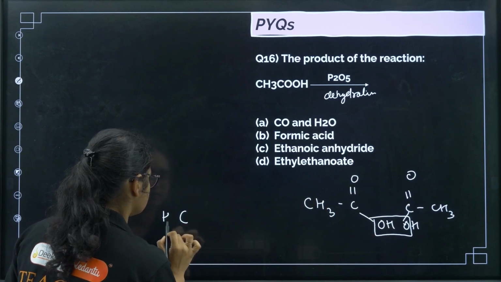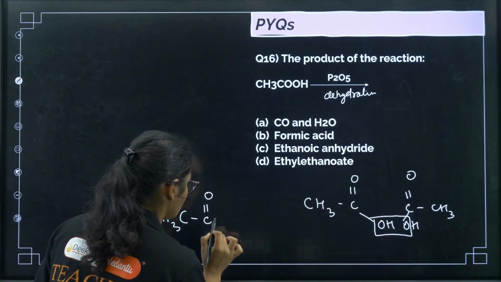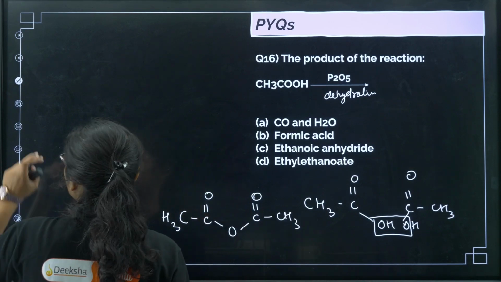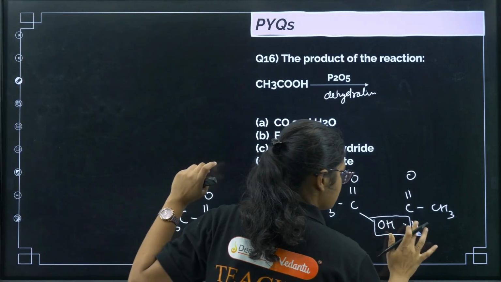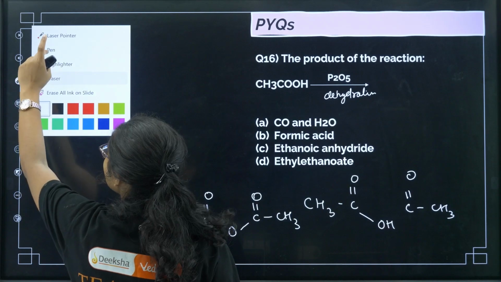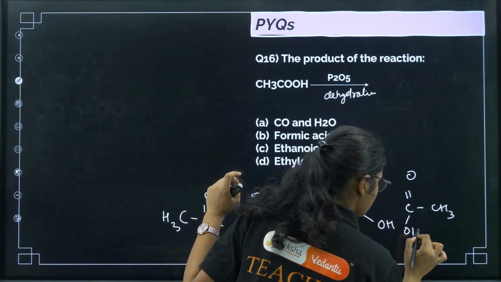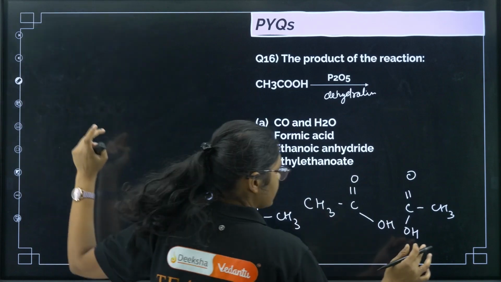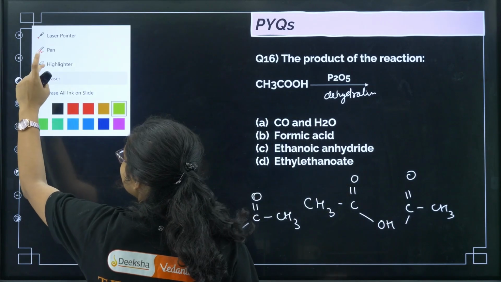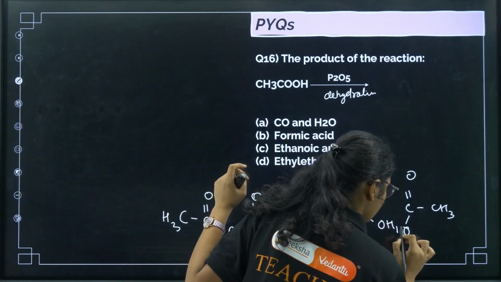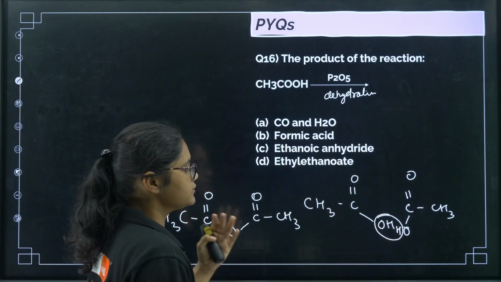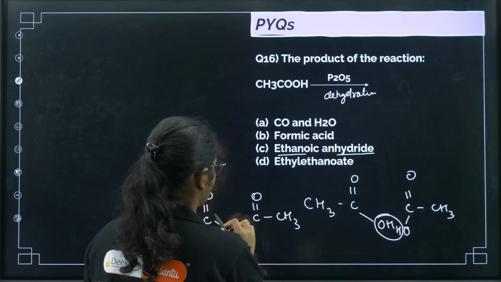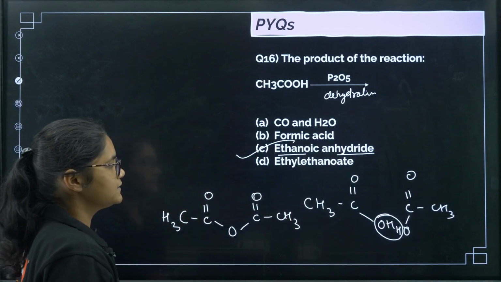So what I'll get is CH3, C double bond O, CO, and then CH3. One second, let me correct this one. OH is present, and this H2O undergoes dehydration. So what we will get here is ethanoic anhydride. So the correct answer is option C.